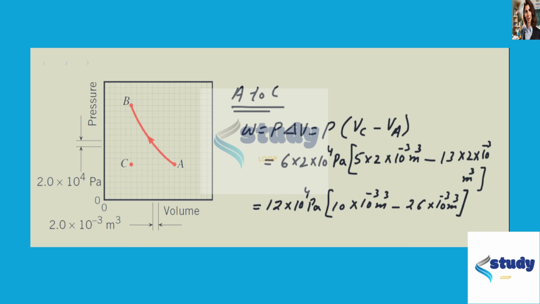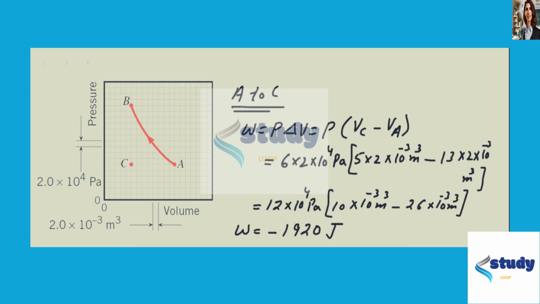So this gives us work done in the segment A to C equal to minus 1920 joule.